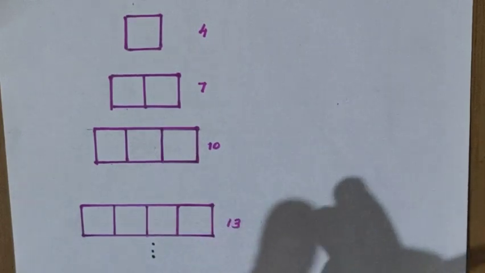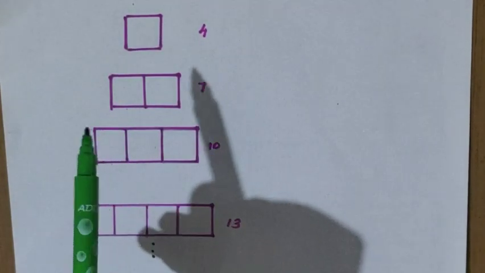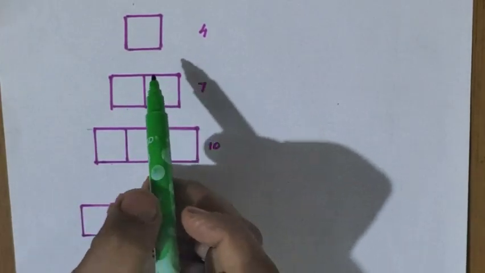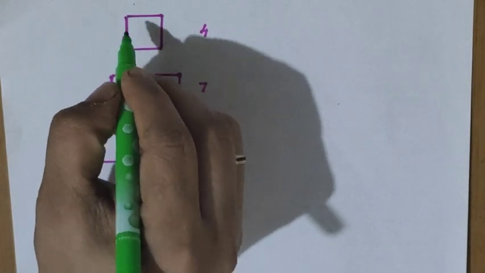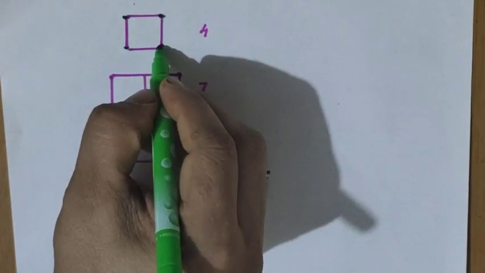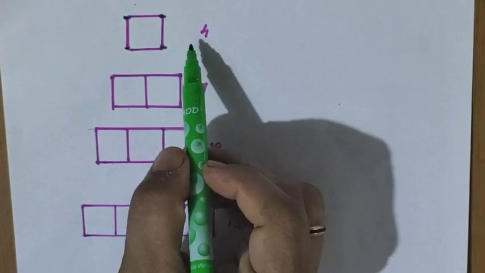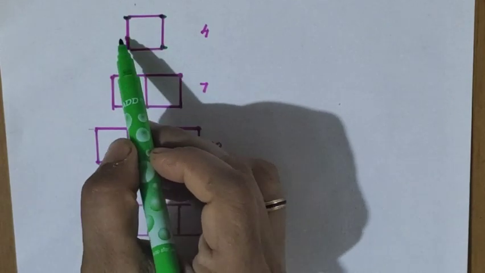What does this mean? We are taking line segments of equal length and arranging them into some shapes. Here it is almost equal to a square only. So we can identify how many matchsticks or line segments we have used for making the square: 4 only. 1, 2, 3, 4.